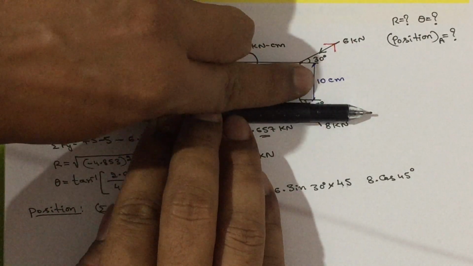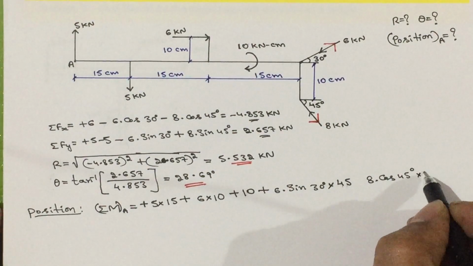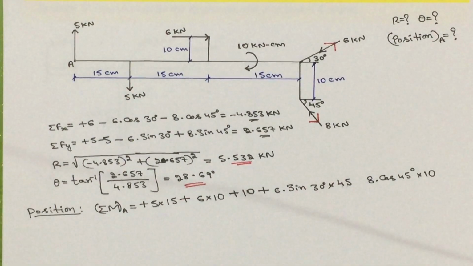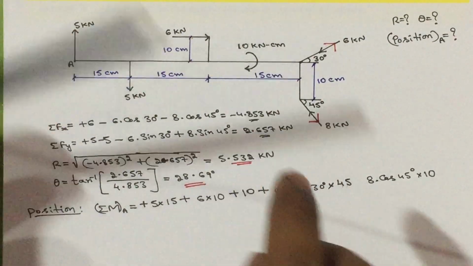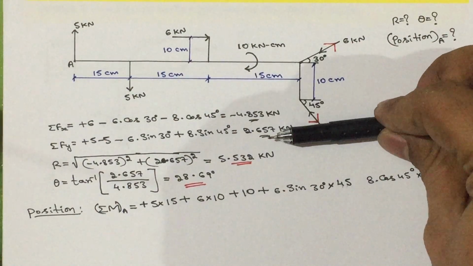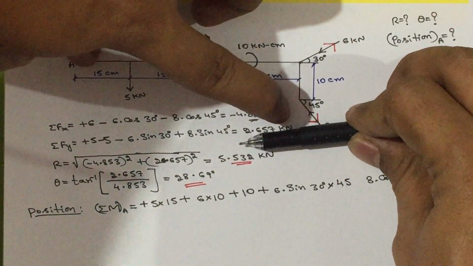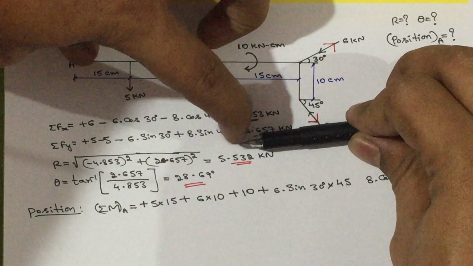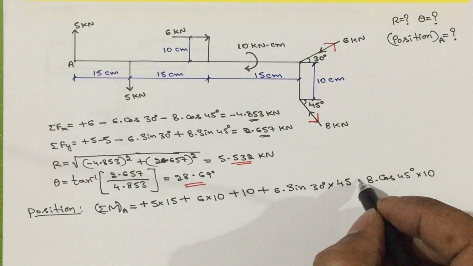The perpendicular distance is 10 centimeter. So multiplied by 10, and here the horizontal component is moving rightward, so like this. Keep your thumb at the A point and rotate your forefinger in the direction of the force. It will rotate clockwise, so it will become positive.